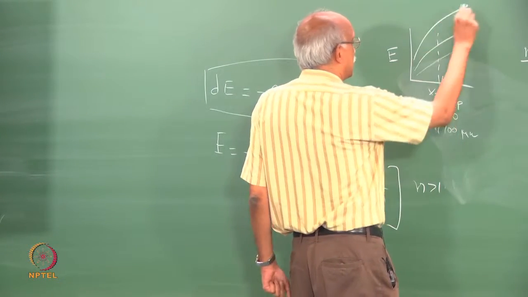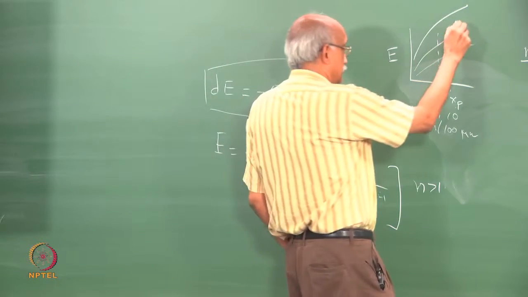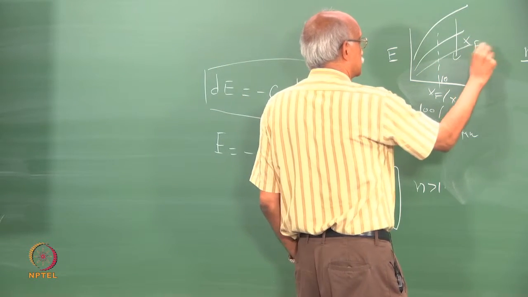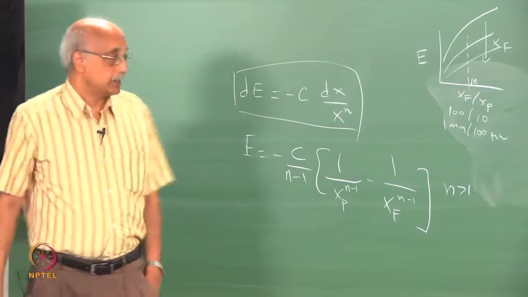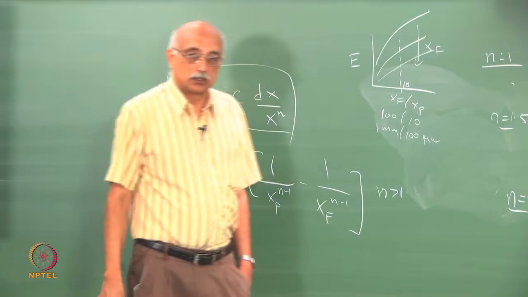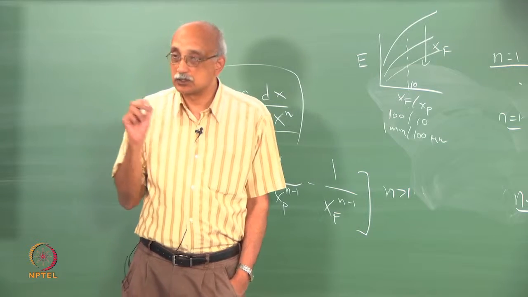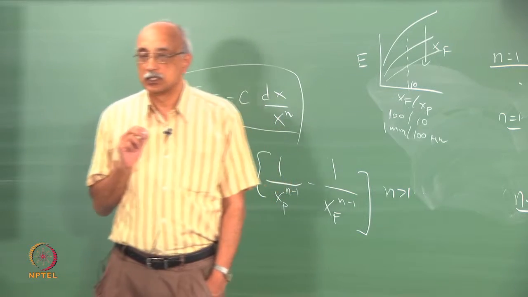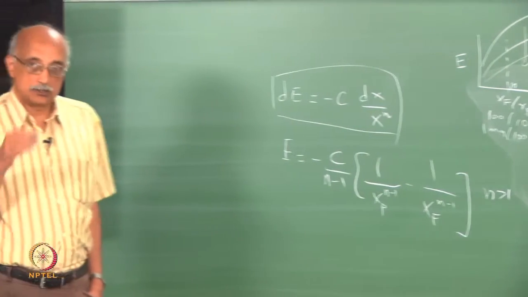In fact, the energy requirement will keep going up as xf decreases. As xf decreases, the energy requirement to create unit surface area will keep increasing, whereas as the feed particle size increases, it will take less energy to break it down.